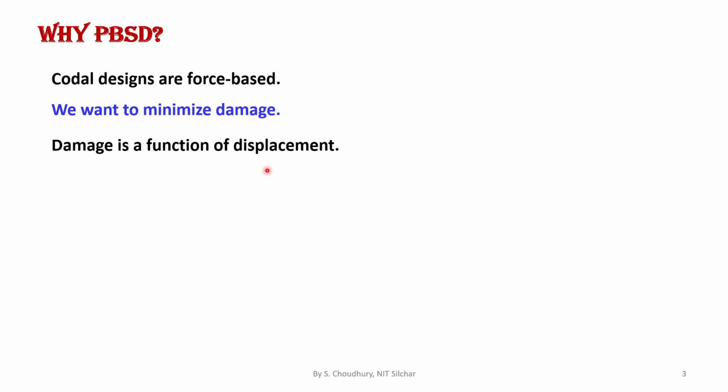Damage is a function of displacement. Damage means some nonlinear displacement, nonlinear rotation, nonlinear twist, nonlinear strain, and so on. These are all generalized displacement functions. So since damage is a function of displacement, why not design for the displacement so that you are designing for the damage? Why depend on the force as in the current codal design?